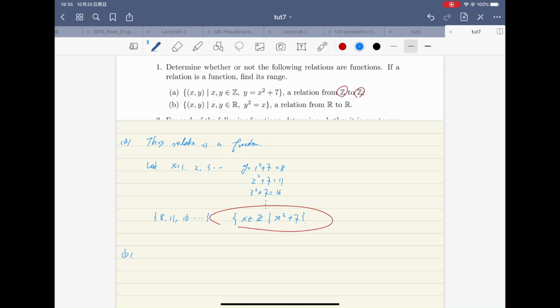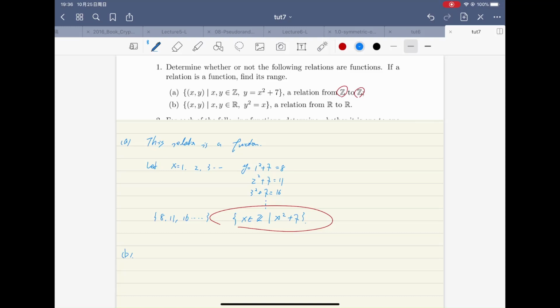By definition of a function, for any value in the domain, it has exactly one associated value in the range. In other words, one value from the first component of the ordered pair is associated with exactly one value from the set of second components. So this relation is not a function.